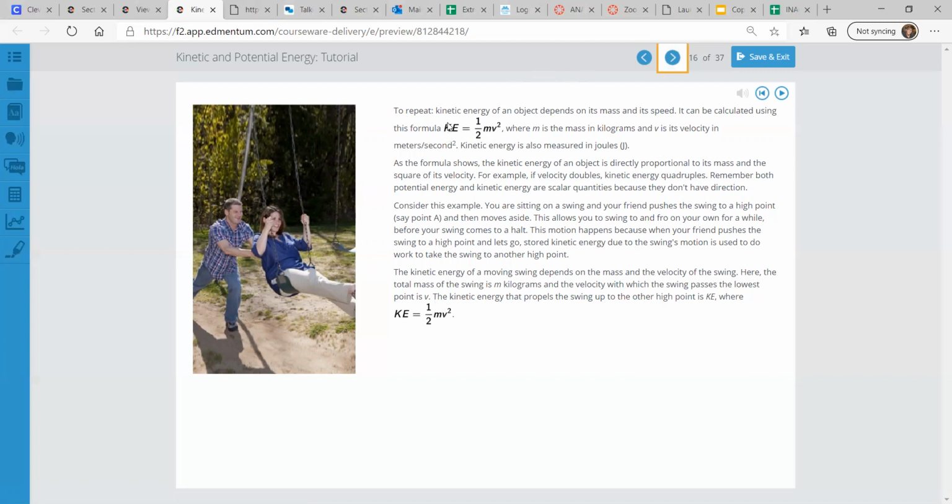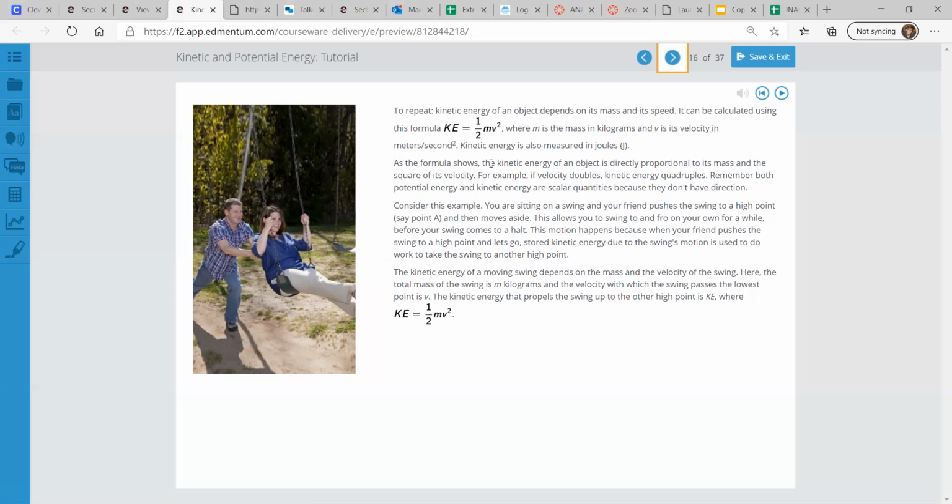However, if you double the velocity, you're actually quadrupling the kinetic energy because you square that 2. So if you put 2v in here and square, that equals 4. So that's 4 times the original kinetic energy. And that'll make more sense once you work some of these examples and in the mastery test as well.